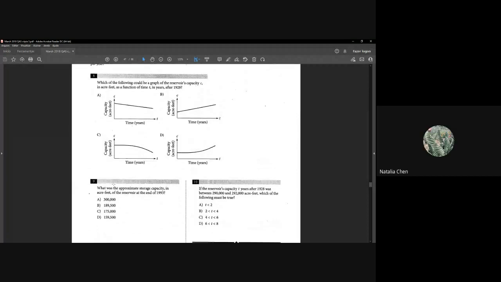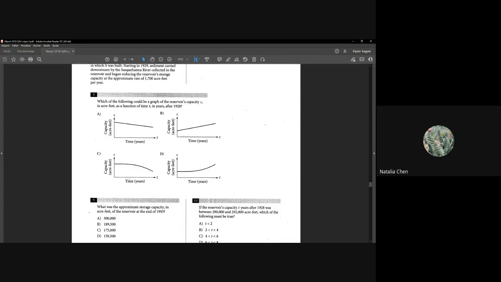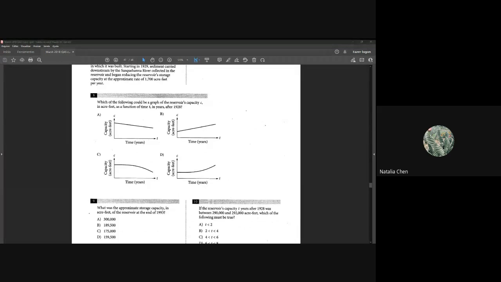What was the approximate storage capacity in acre-feet of the reservoir at the end of 1993? Então, 1993 minus 1928, não, 29. After, não, 28. Vezes 1.700, que vai ser... Quanto que começou com? 1929, né?